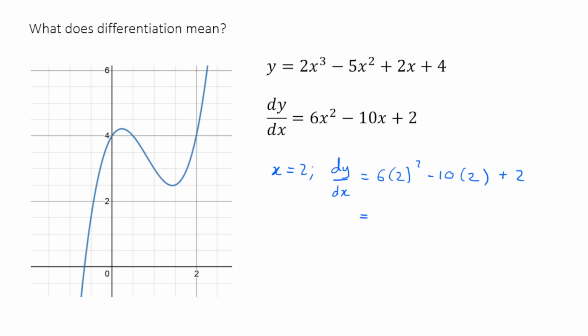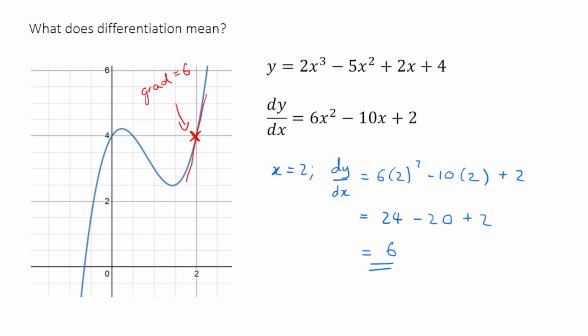So that's 6 times 4, which is 24, minus 20 plus 2. So that's going to be a gradient of 6. It tells us that when x is equal to 2 on my graph, the gradient is equal to 6.